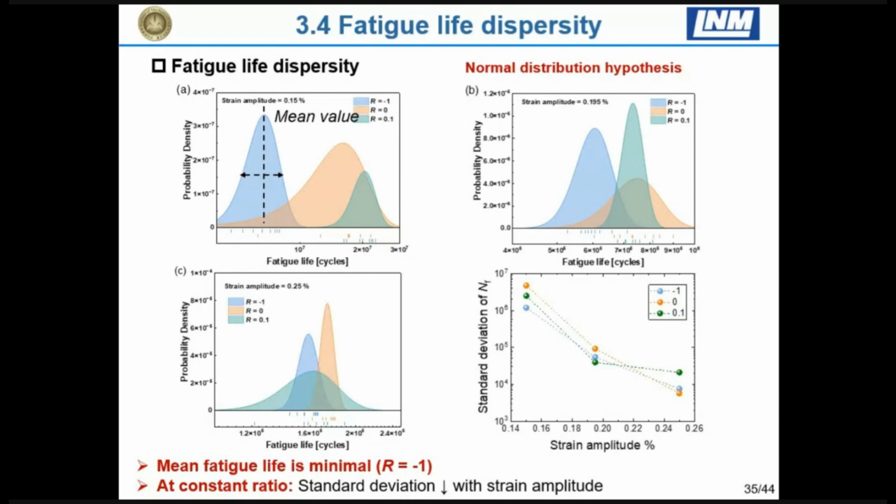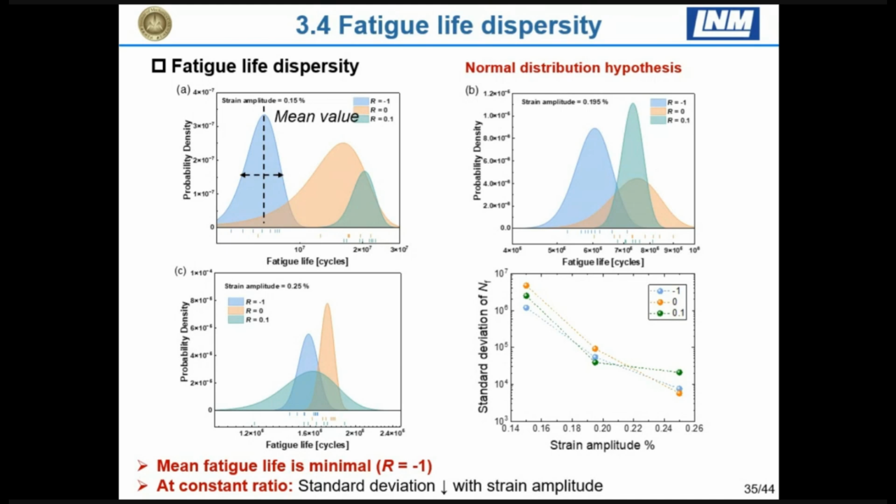And here we can see that when the strain amplitude is high, that means stress is high, the scatter of the fatigue lifetime becomes narrow. So I think this is reasonable, because when the stress is very high, the stress is dominant instead of the microstructure, so the scatter band is low.